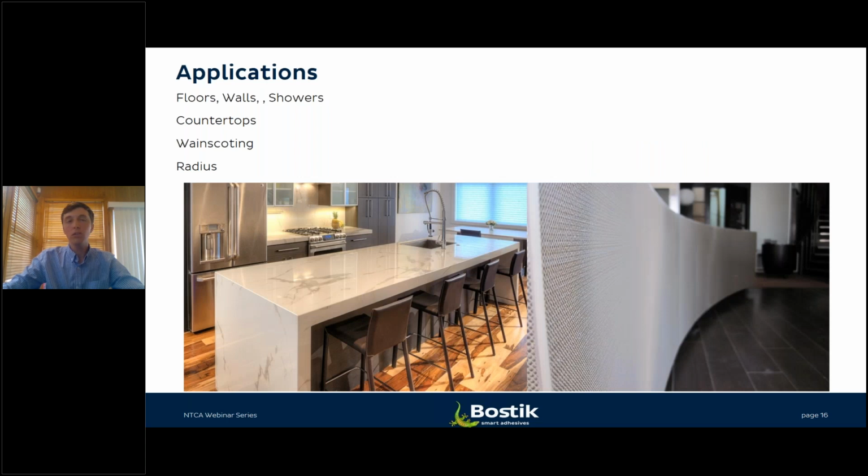So the floors, walls, and showers is a big opportunity. Countertops, this is a space that's really coming as well. You think about the approximately 20 pounds per square foot of a 3-centimeter natural stone, compared to potentially as little as 2 to 4 pounds per square foot for a gauge porcelain tile panel. And this makes it a very natural case for countertop applications.